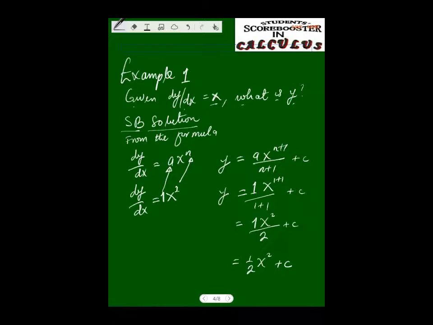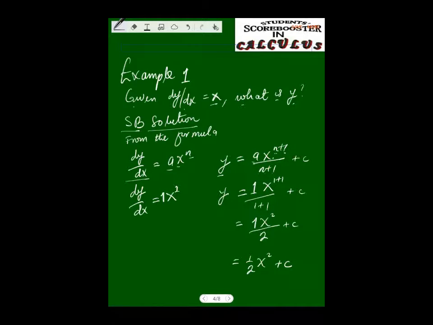I will start by writing the formula. If dy/dx is equal to ax raised to power n, y is equal to ax raised to power n plus 1 over n plus 1, plus c.